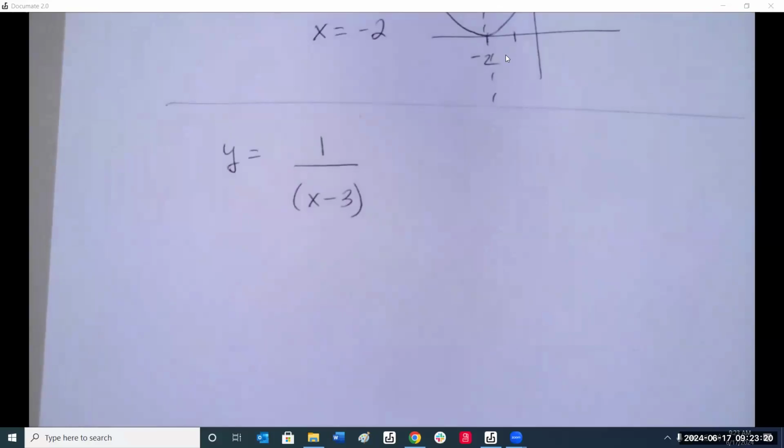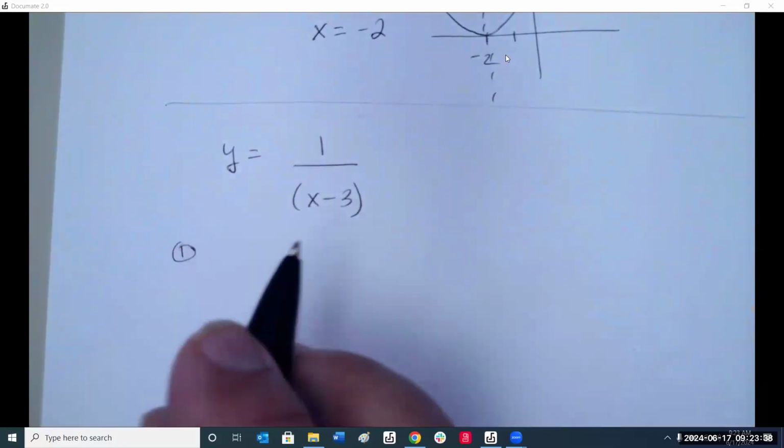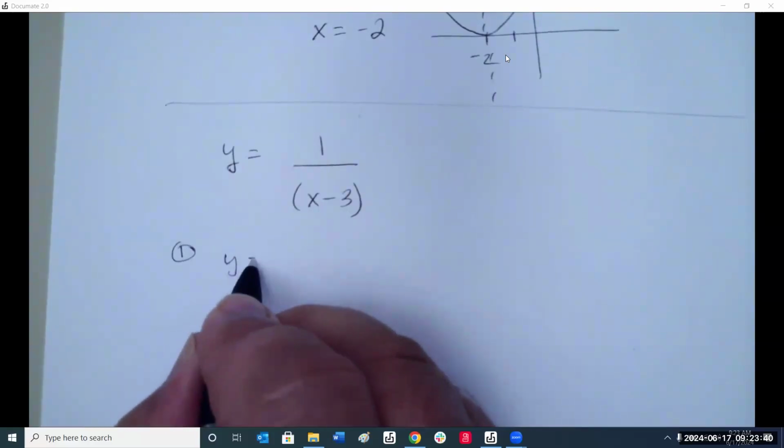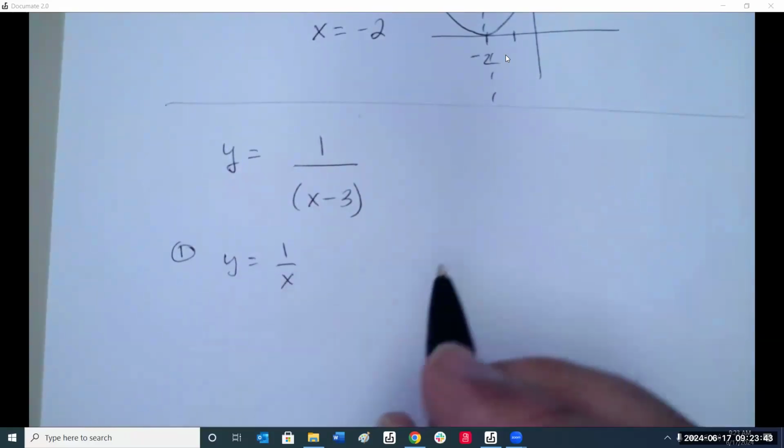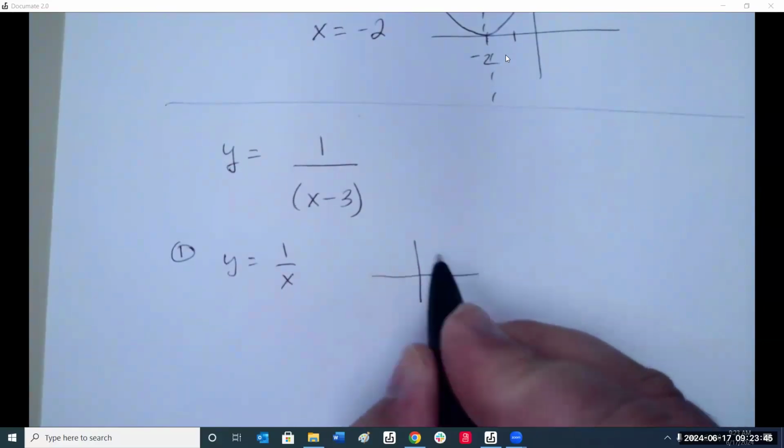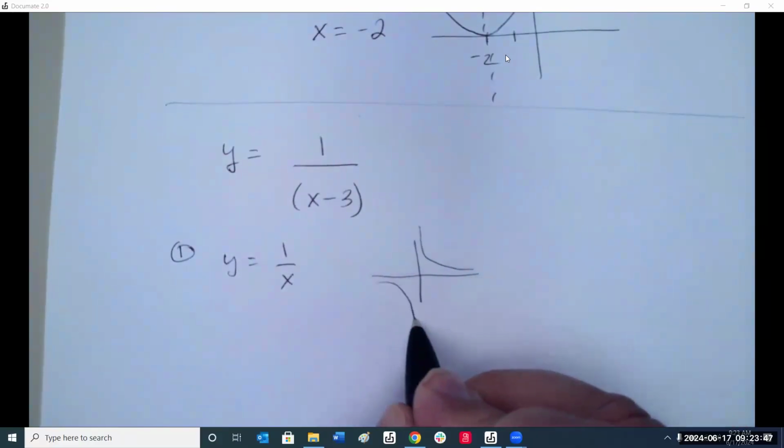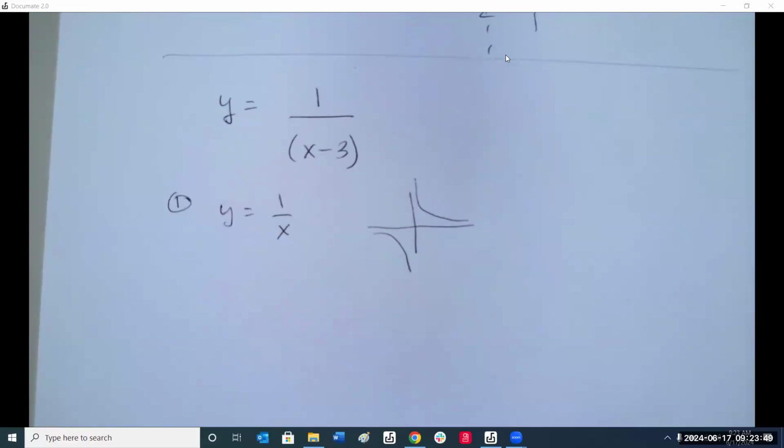How about that function? So the original function here is 1 over x. That one looks like this. So where's the origin shift? How many spaces?